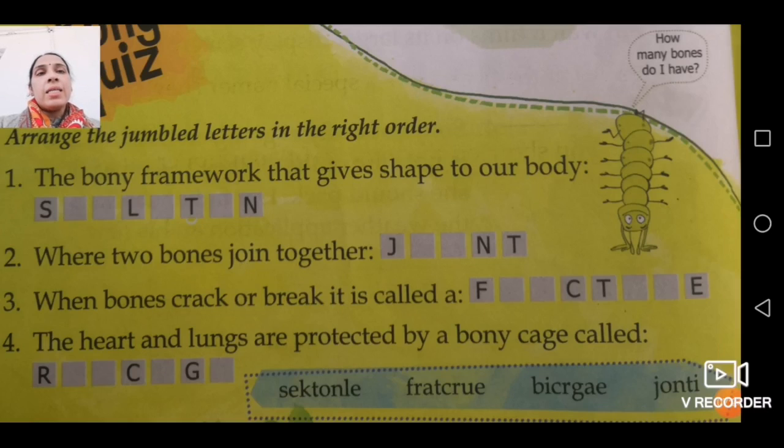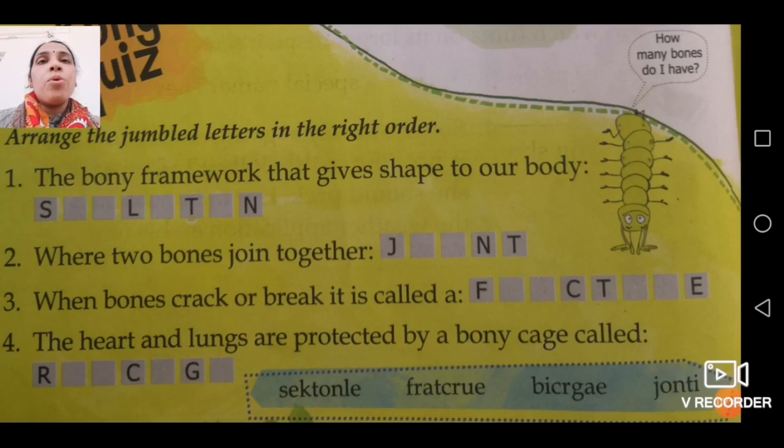Skeleton. Now next is what? See here, skeleton is also given, but in jumbled form. Now next, number 2: where two bones join together?